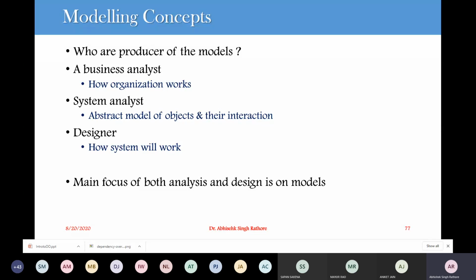A designer will produce a model of how a new computerized system will work within the organization. So in any information system development, the main focus is on both analysis and design, so we'll consider analysis models and design models for the development.